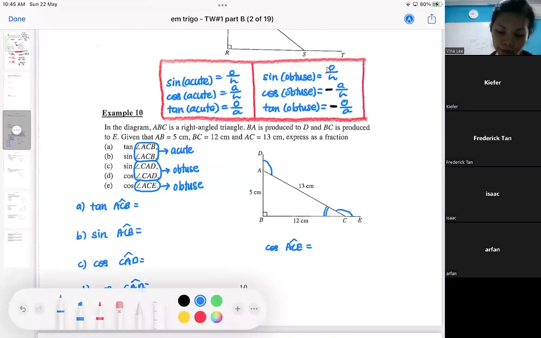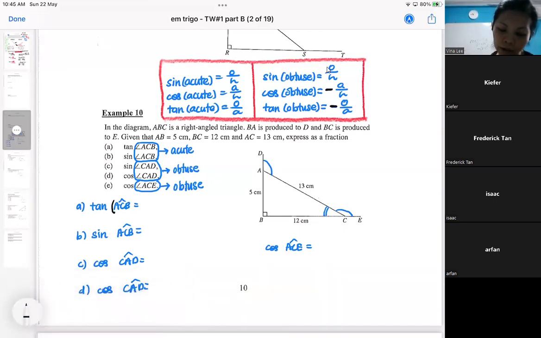So for example, if I'm going to start off with the first acute angle, this will be my O, this will be my A, and this will be my H. So from here, I will go to the acute angle.